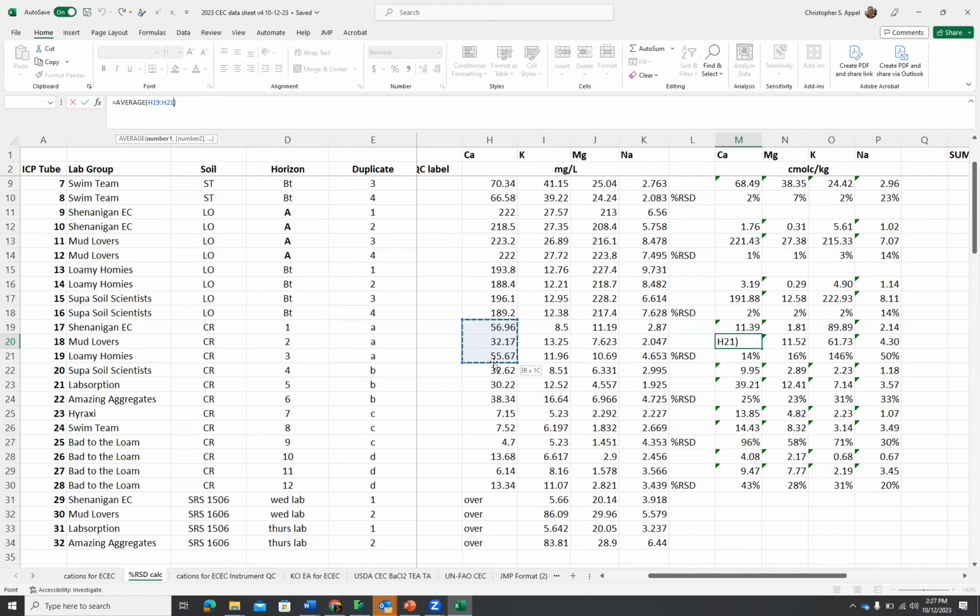How am I making the adjustment? That's an excellent question. So the way that I'm making the adjustment is for my standard deviation, it's H19 to H21. And for my average, it's H19 to H21. And then I can just fill it across.